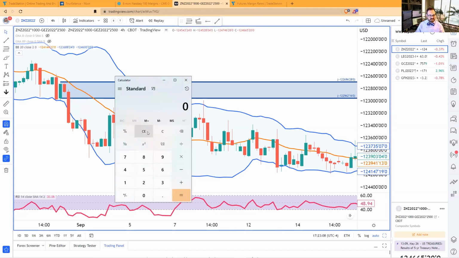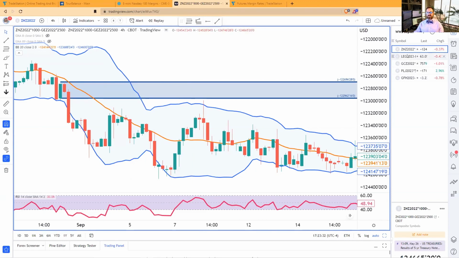Let me just do it as a positive number. 122,978 minus 123,976. And that's basically $998 profit just from that move on September 8th to right here on the 12th. That's it.